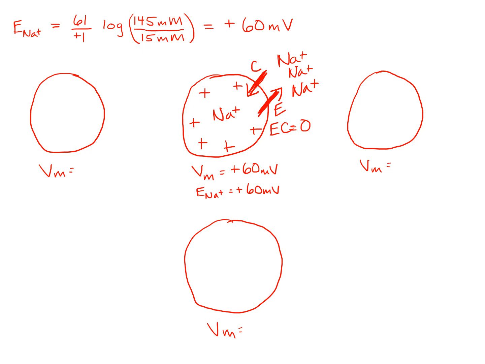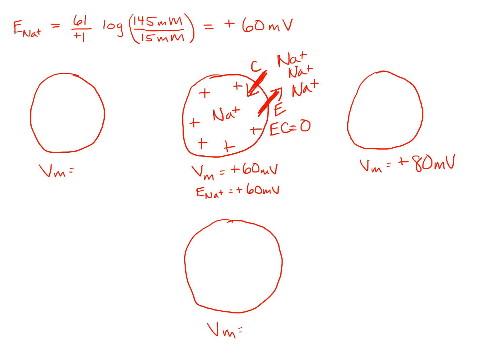Okay. All right, but let's say that sodium is not at +60 millivolts. So let's change, and let's say that our membrane potential is now maybe at +80 millivolts.